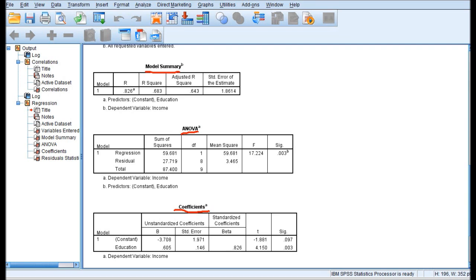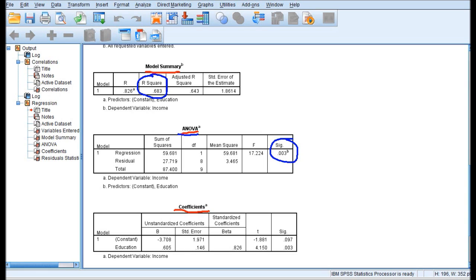Okay. From this model summary table, we are going to use this R square here. From this ANOVA table, we are going to use this p-value.